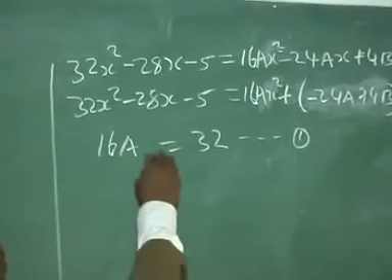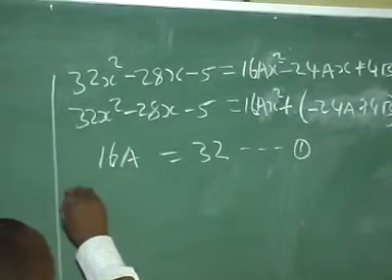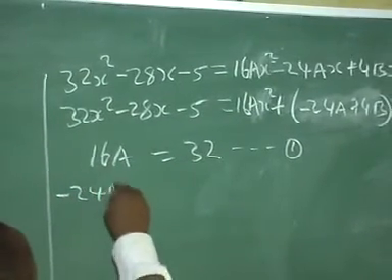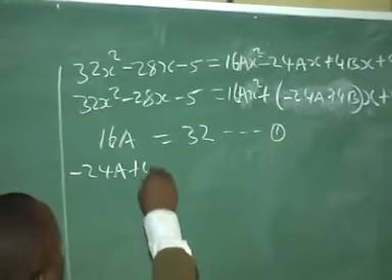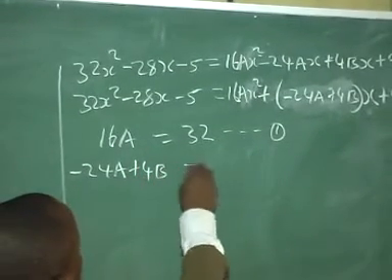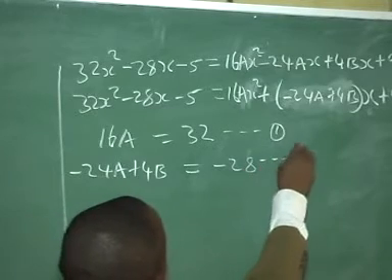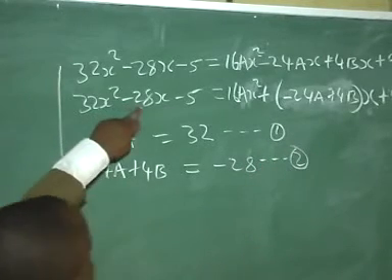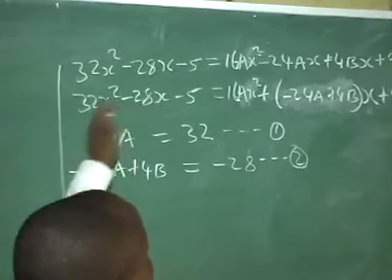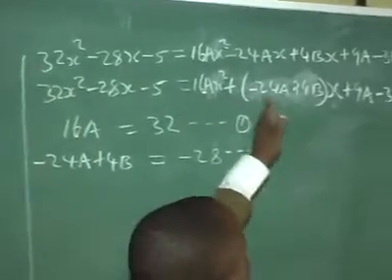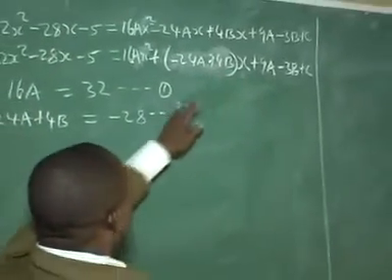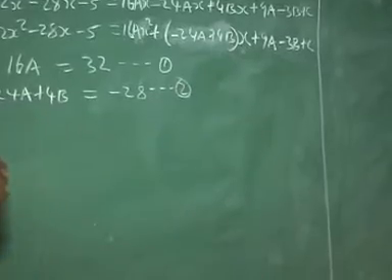And we also have that minus 24a plus 4b is equal to minus 28. Call this equation 2. Minus 28 is the coefficient of x at the left hand side, and minus 24a plus 4b is the coefficient of x at the right hand side.